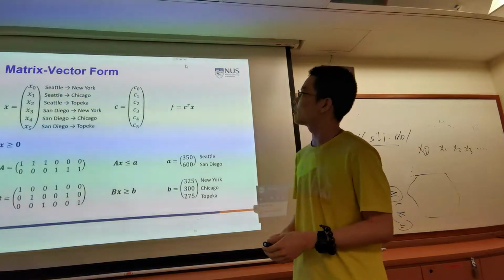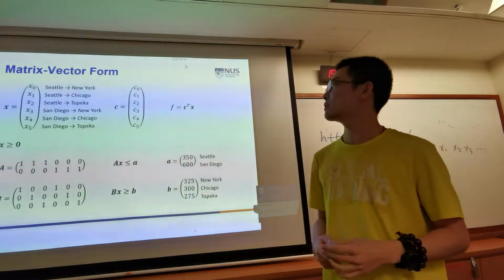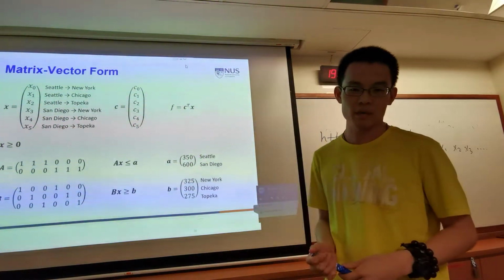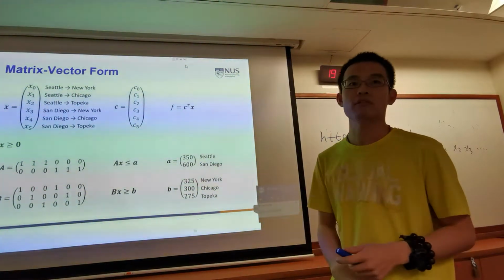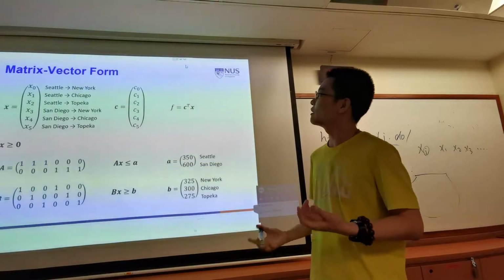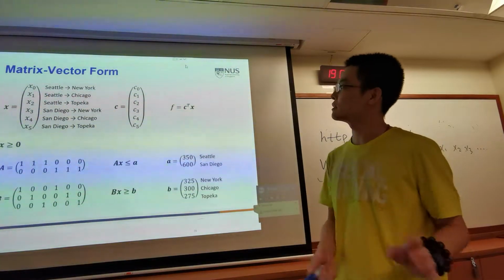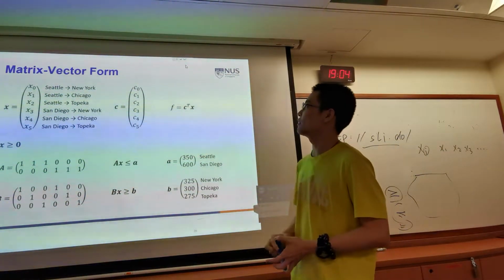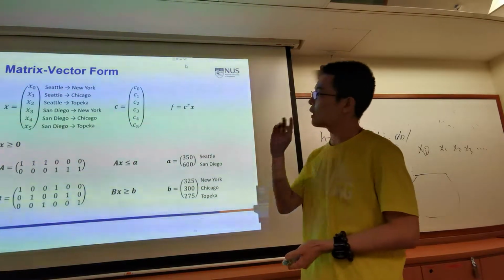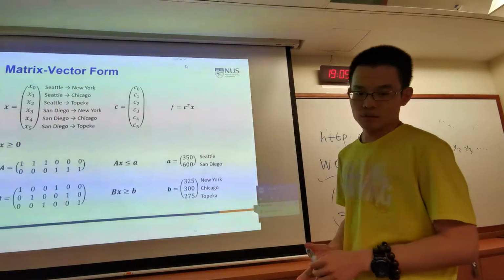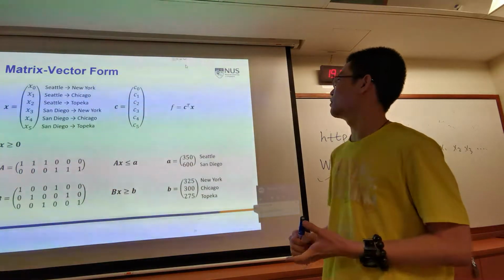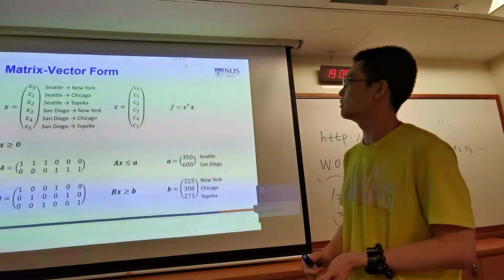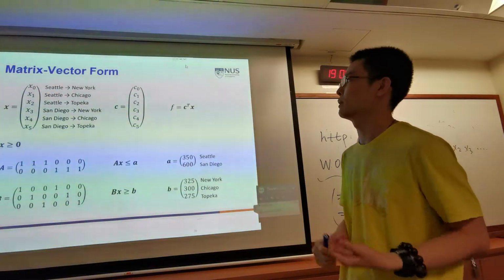Because we are using Python, where the index starts from 0, I use the convention from x0 to x5. In MATLAB it will be x1 to x6, but it's just a minor difference. Here we have six decision variables, which represent the amount of transportation from Seattle to New York, Chicago, and Topeka, and then from San Diego to New York, Chicago, and Topeka.